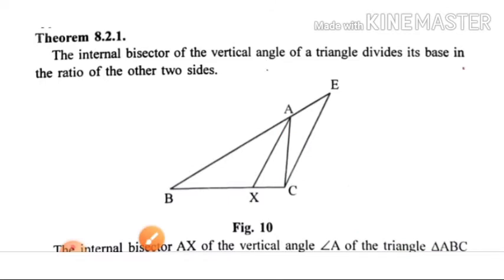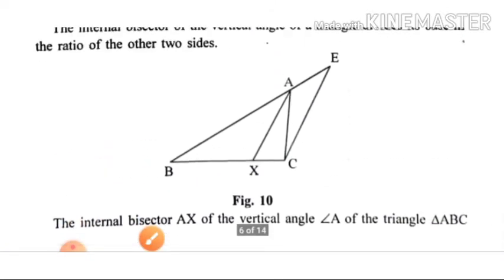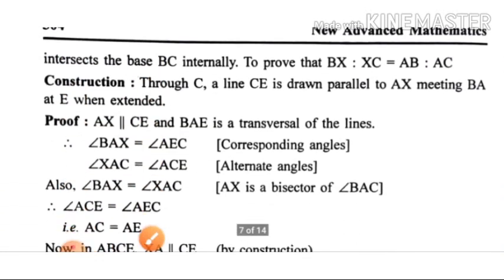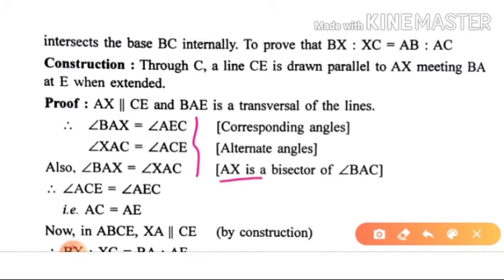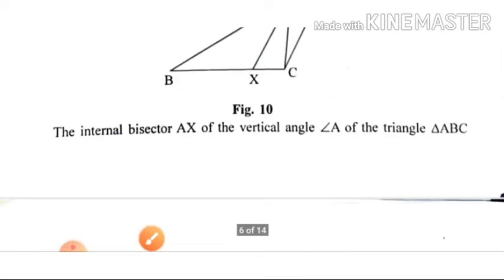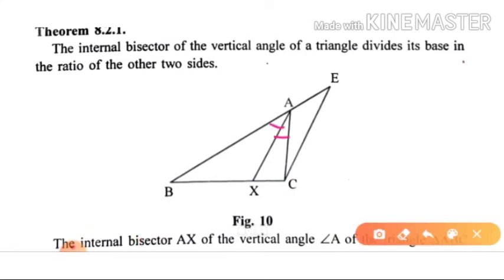Yes. Now as you can see already, this angle is equal to this and this angle is equal to this. So what we can say from here is that BAX equals XAC. Why? Because AX is the bisector of angle BAC. So we can write BAX equal to XAC. Already it is given that this angle and this angle are equal.